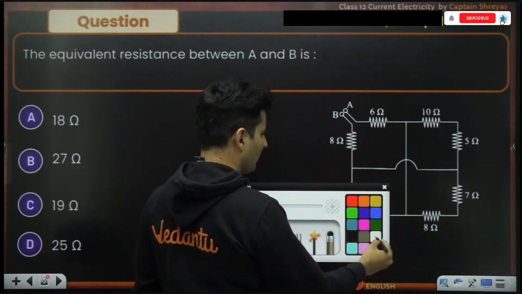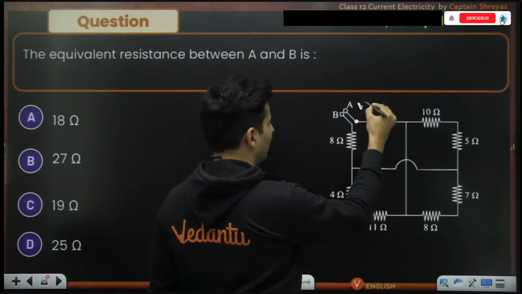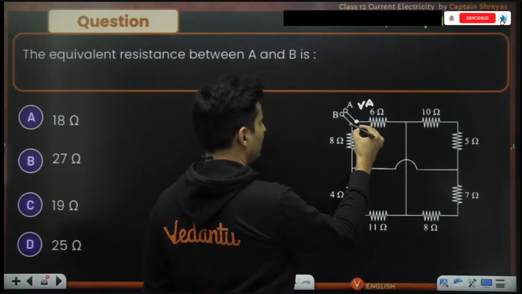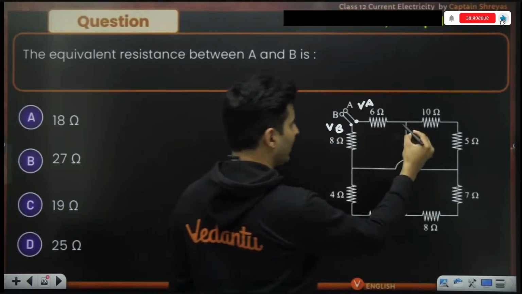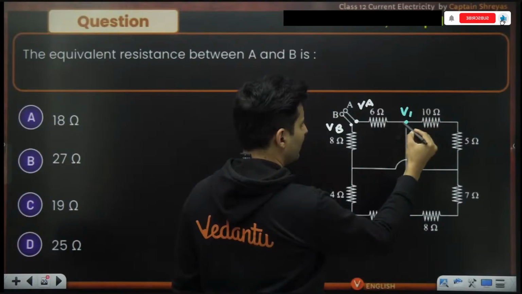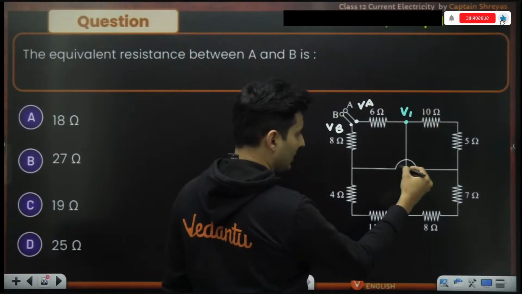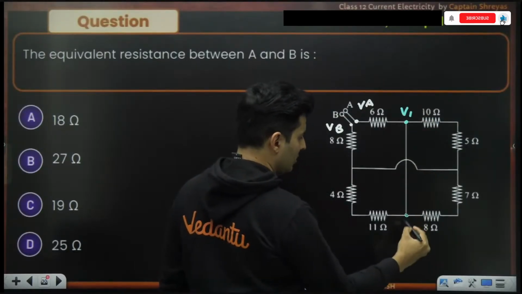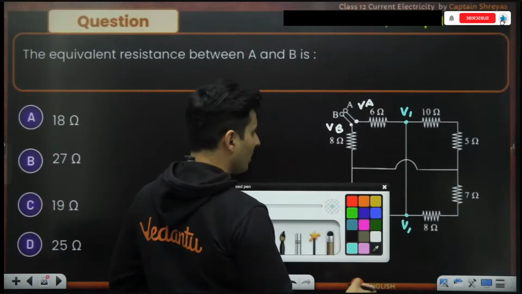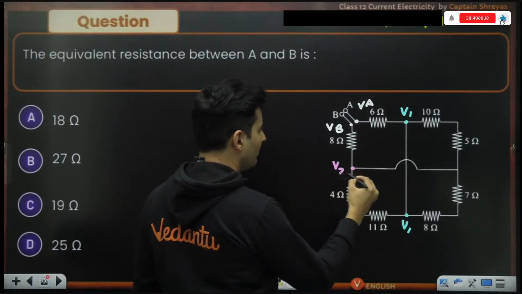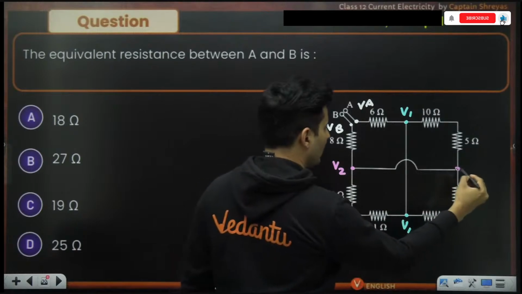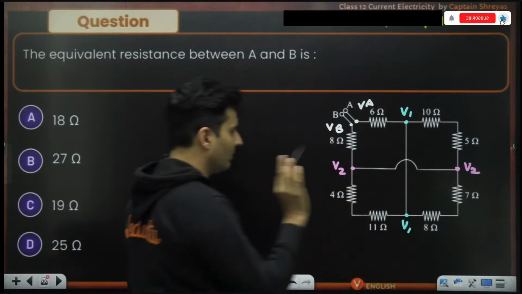We can just say this particular point is VA and this particular point is VB. Now over here, let's say I take this point as V1. This wire is going like this. This is not connected, there is a jump in it. This is also going to be V1. And if I assume this point to be V2, the same wire is going here and this is connected like this.